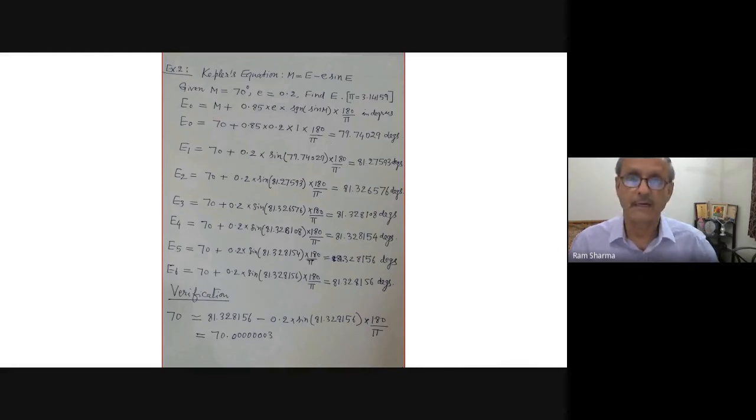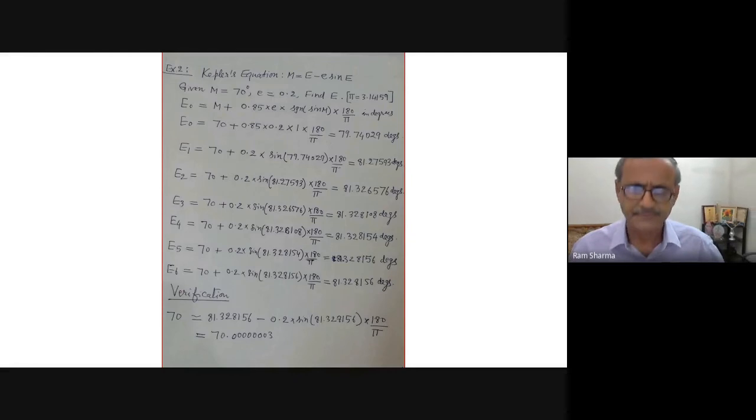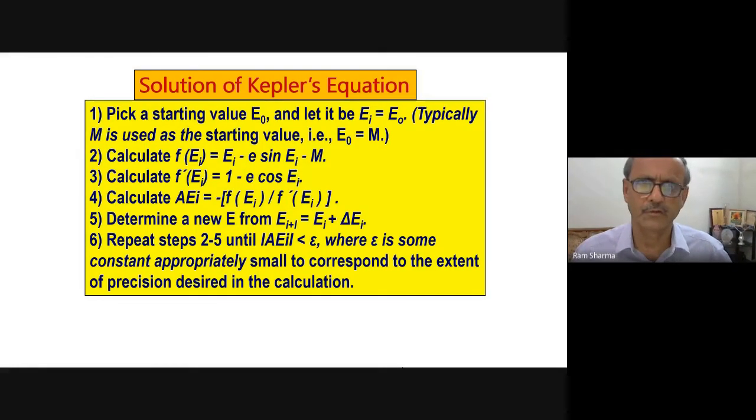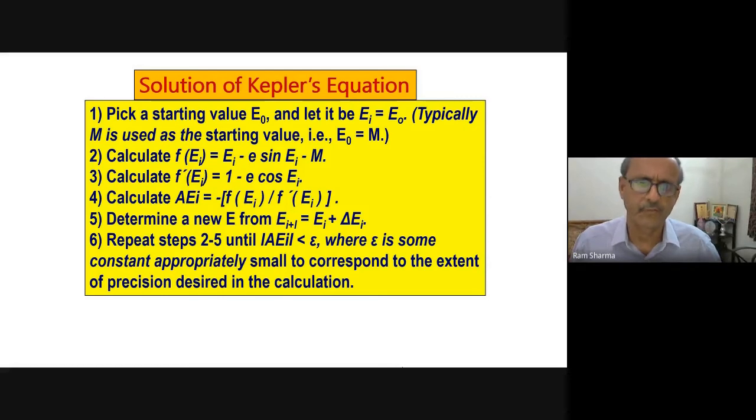Newton-Raphson's method can give the answer in 2 or 3 steps itself. So this is the algorithm for Newton-Raphson's method. One can calculate f(E) and f'(E), then calculate the correction from the ratio, and go on iterating to get new values.